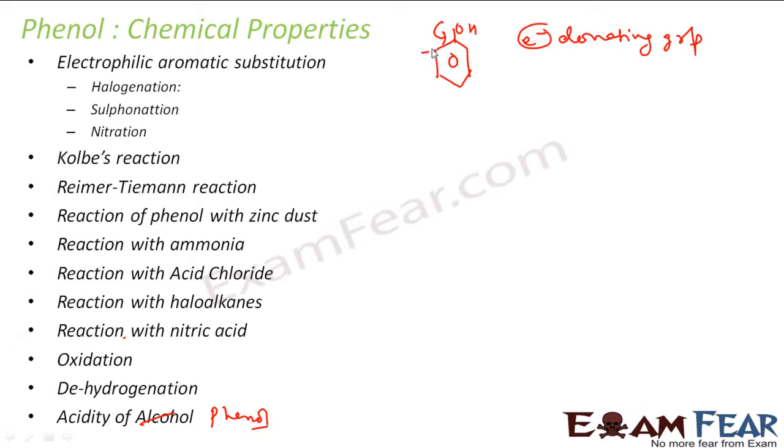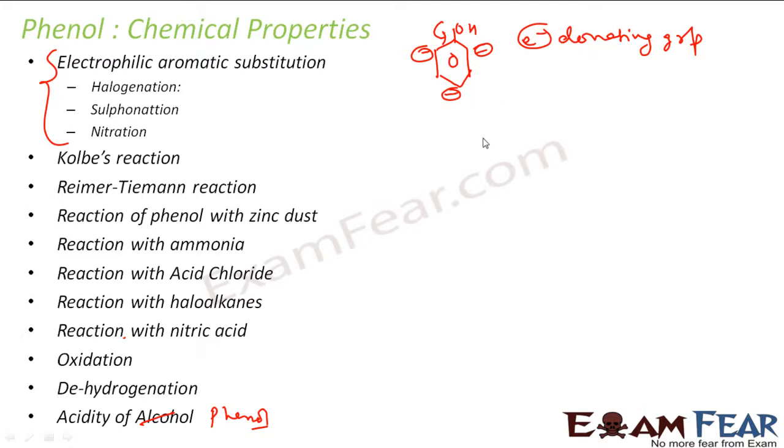Because it has more electrons here, generally in the ortho and para positions. Why? If you draw a resonance structure, you'll see that the ortho and para positions have more negative charge. Thus, phenol activates the ring towards electrophilic substitution reaction. We'll study so many electrophilic substitution reactions here.